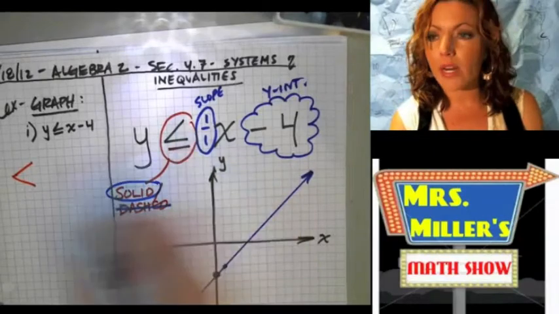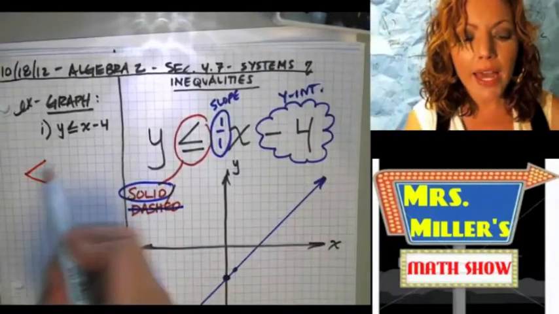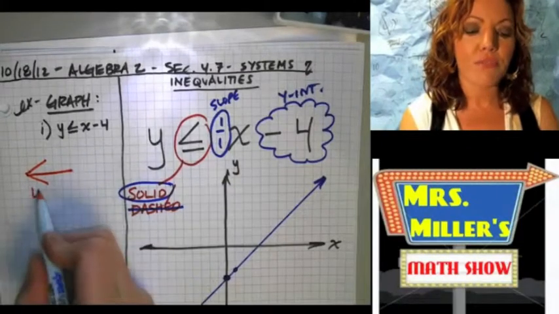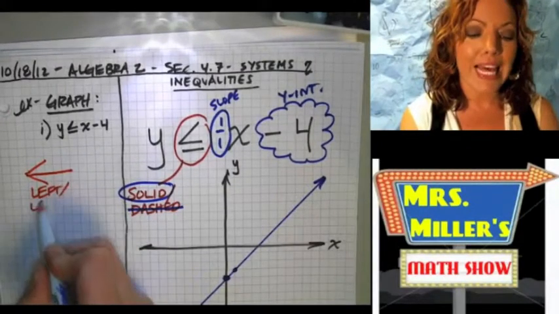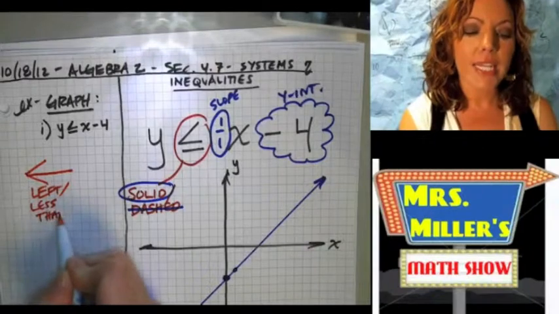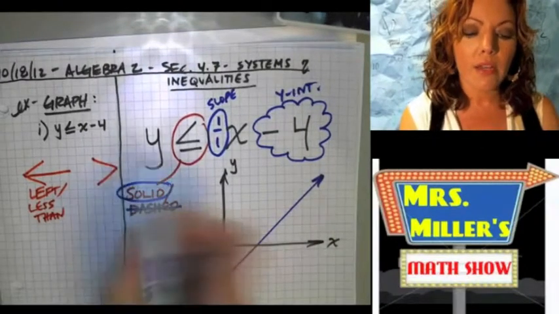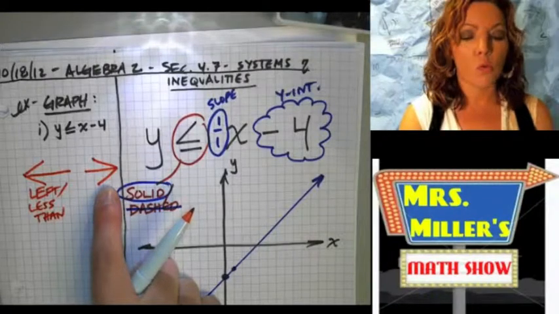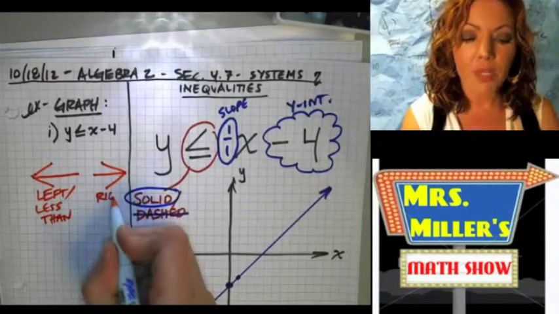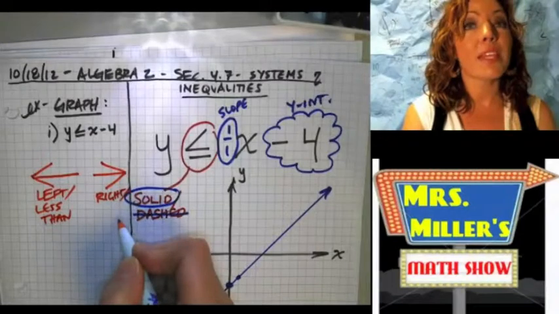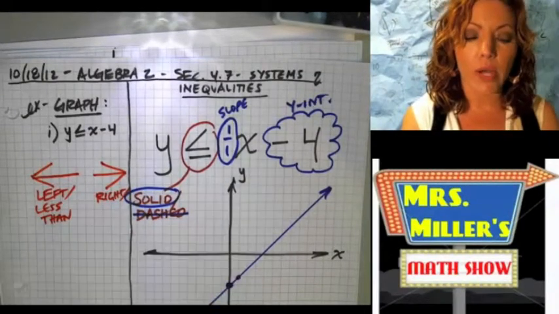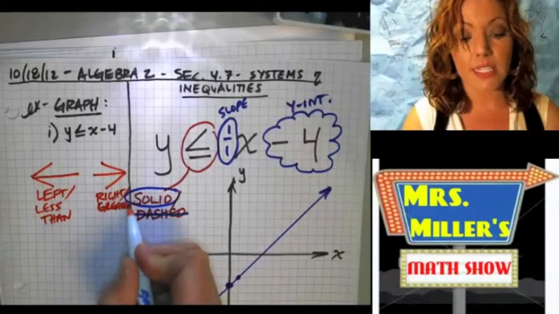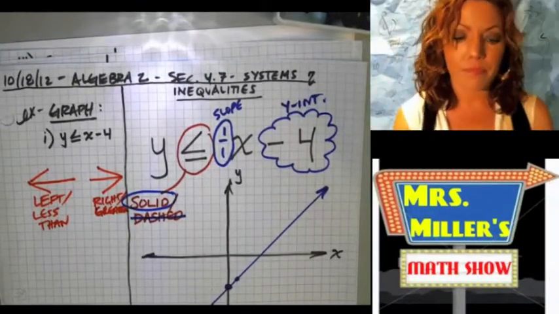If I put a little line in here, which way is that pointing? It's totally less than. Everything left means less than. Just like if it's going this way, and I put a little line in there, which way is that pointing? Right, or greater than. That is always assuming that the variable is on the left-hand side, okay? So keep that in mind. Again, is this one less than or greater than?